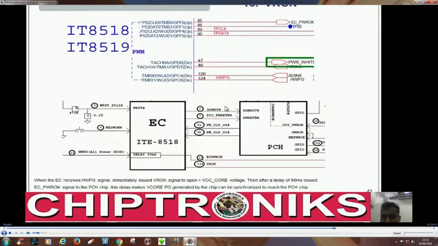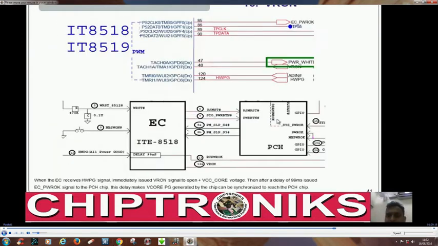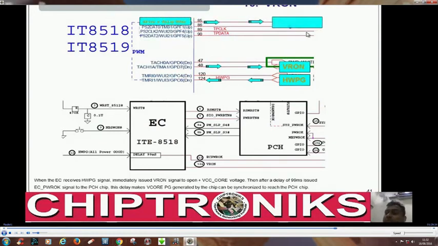Yes. So you can see this, all hardware power grid is fed to the IO controller. It generates VRON. This VRON is going to the CPU core voltage regulator, and after 99 millisecond, this EC power okay is generated. We have already talked about why the 99 millisecond delay.